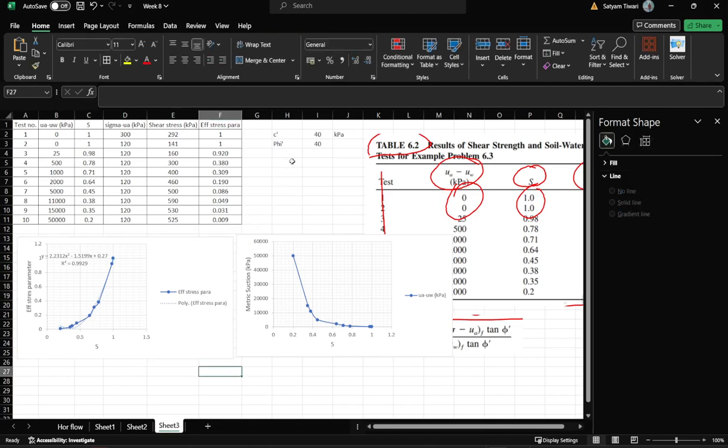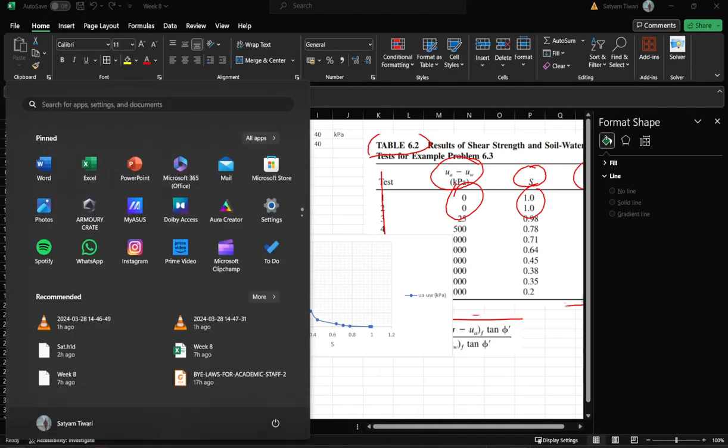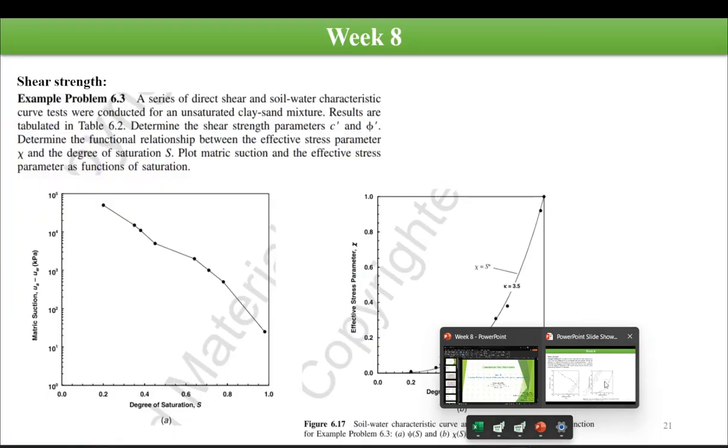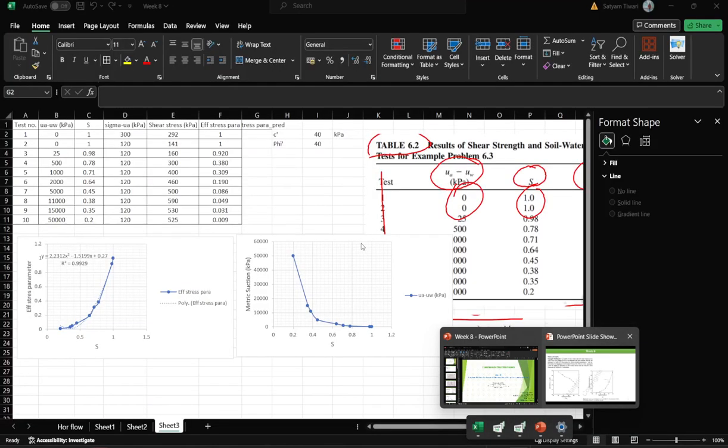That effective stress parameter is equal to, let's say, effective stress parameter predicted. It's equal to some s to the power k type. Okay.